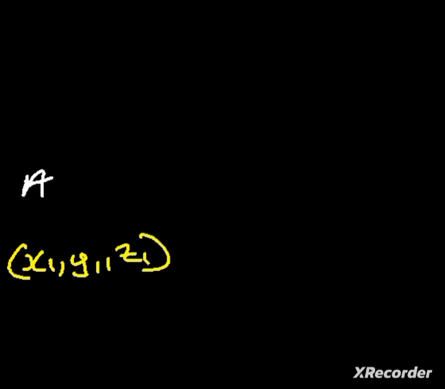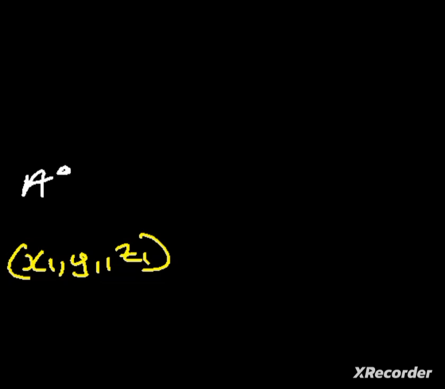So for instance, let's say we have a point A in space, that is in a three-dimensional coordinate system. And let's say the point consists of the coordinates x1, y1, and also z1.